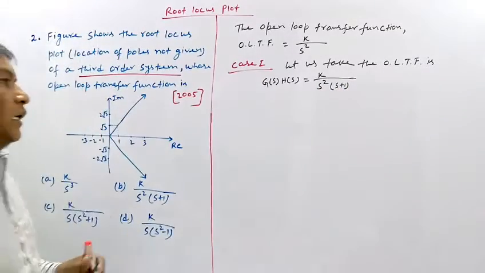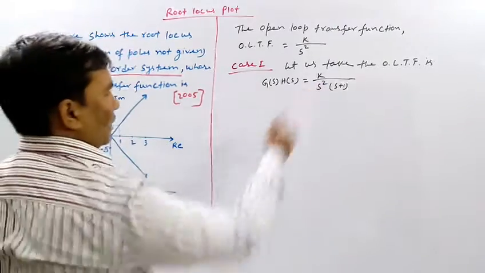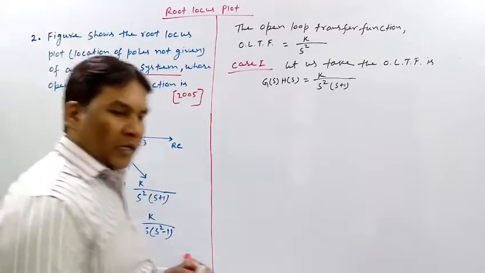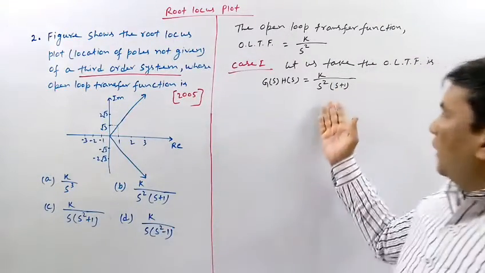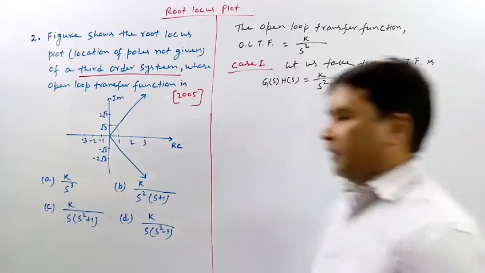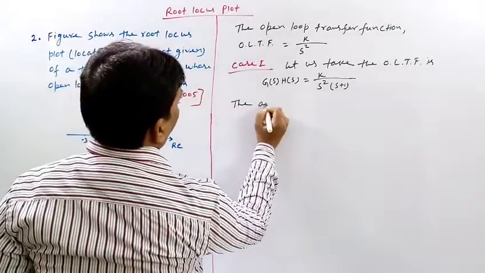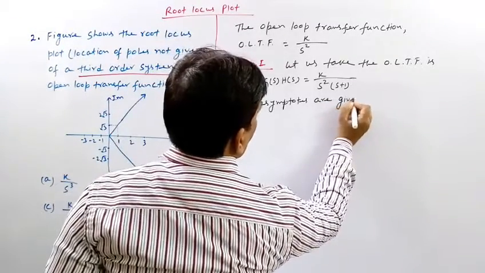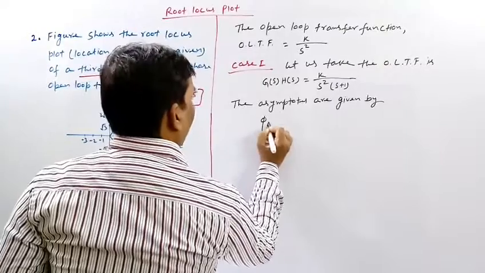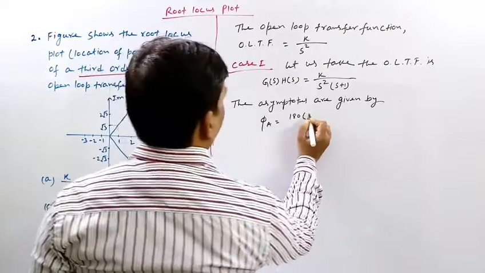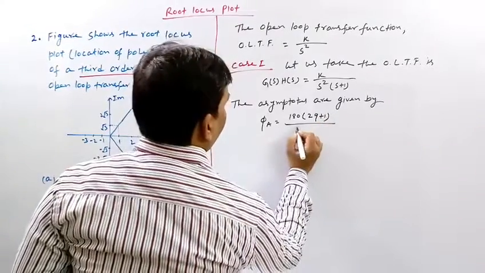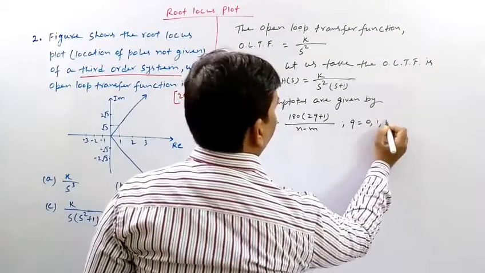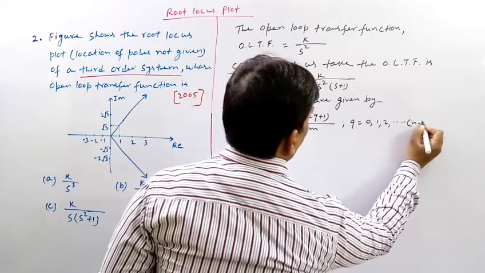Since this open loop transfer function doesn't have any zero, all three poles will terminate at infinity, and they will terminate along some asymptotes, which are given by phi A equal to 180 multiplied by 2q plus 1 divided by n minus m, where q equals 0, 1, 2 up to n minus m minus 1.